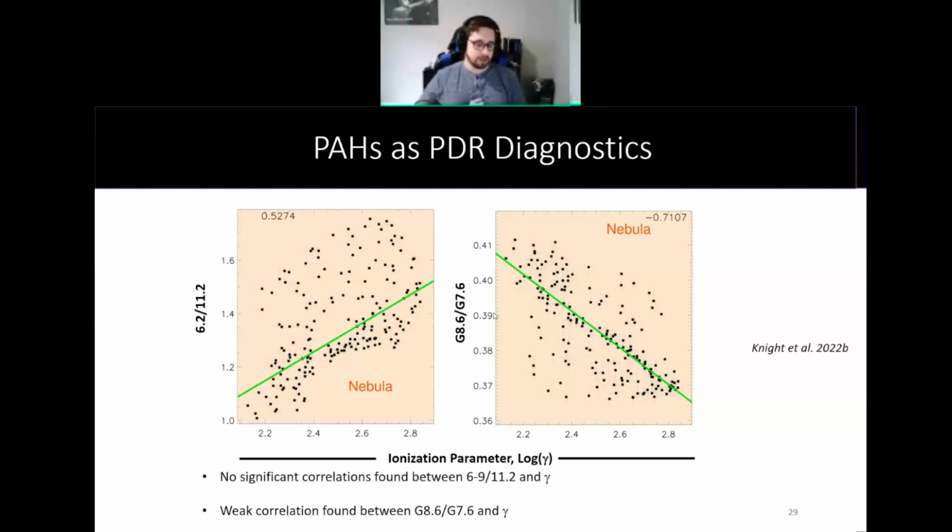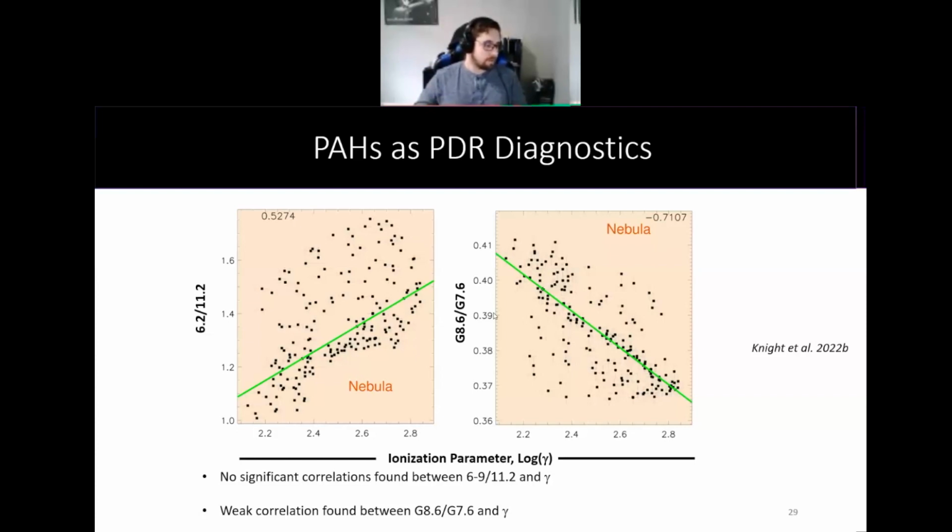We actually did a study on the Orion bar where we found that we were able to reproduce the correlations from Galileo and Renal with respect to the newer Spitzer data. However, we're still perplexed about why we don't reproduce those nice correlations found within the bar.